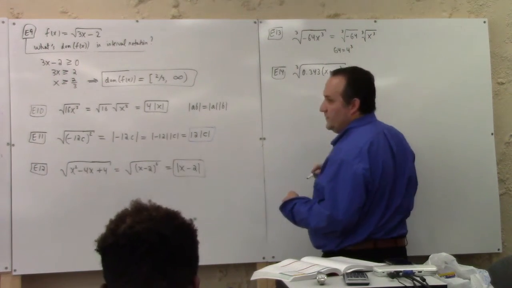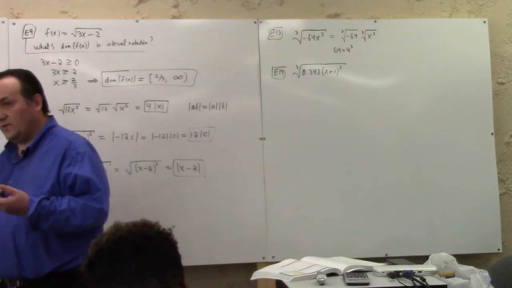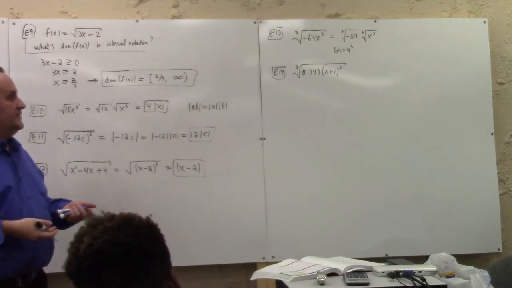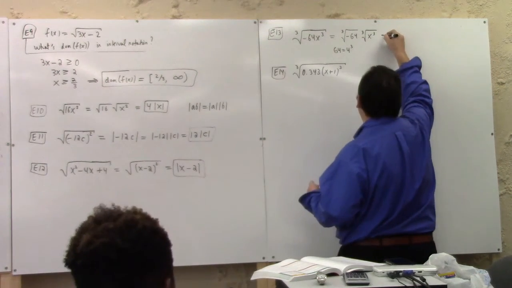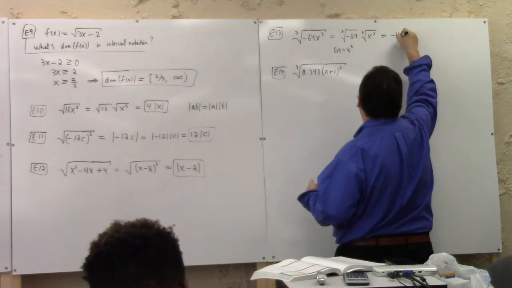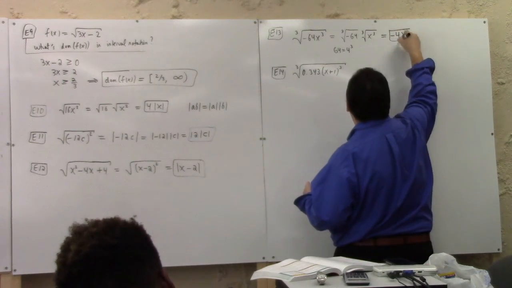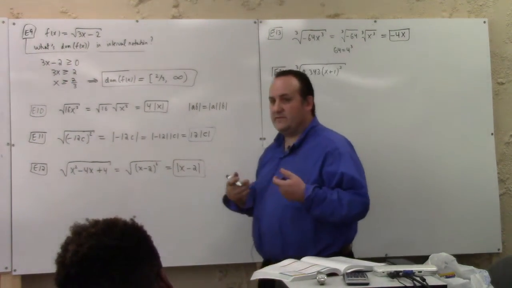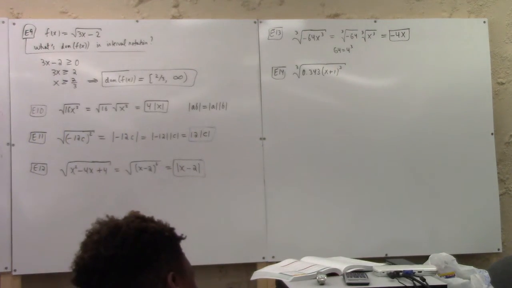It's 16 times 4, which is 16 times 16, 4 times 4 times 4. 4 cubed is 64. So minus 4 cubed is minus 64. So what this is is minus 4. And the cube root of x cubed is just x. So when it's an odd root, we don't have to do the absolute value. We just get x back again.